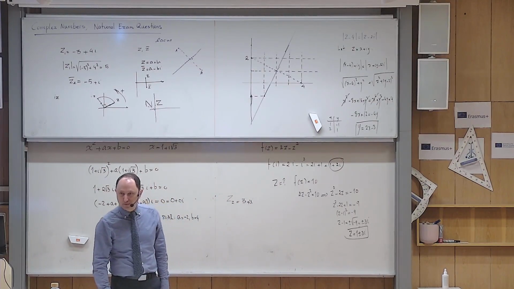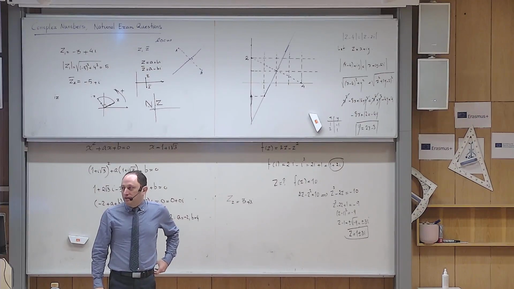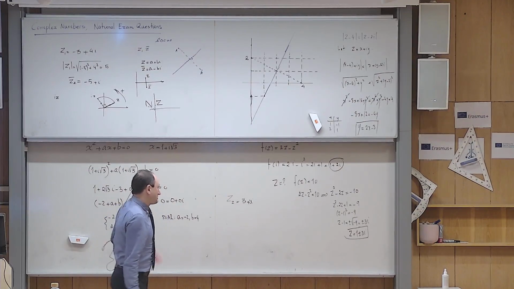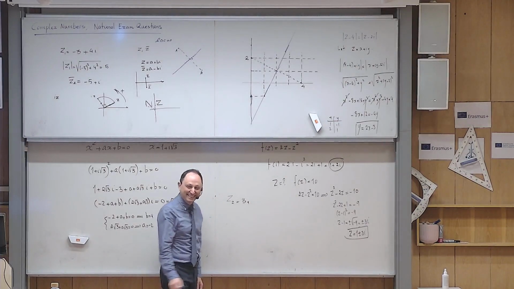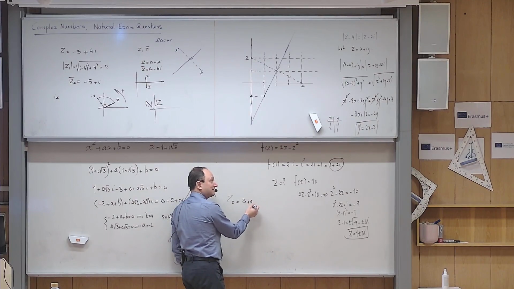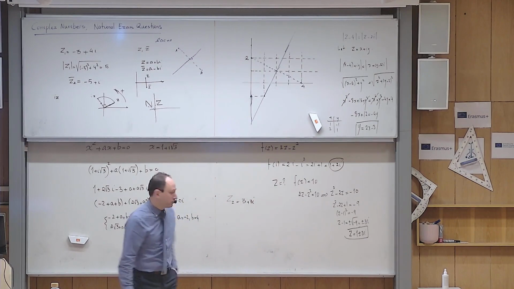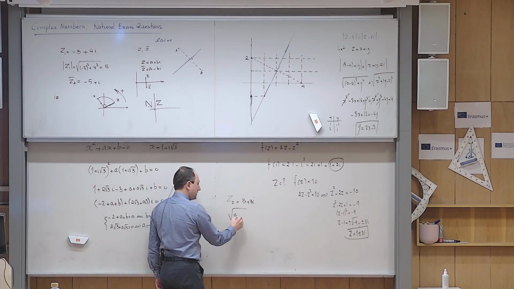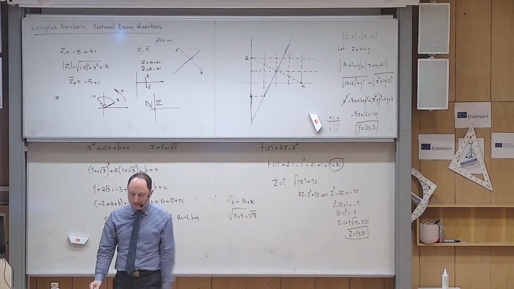If I put 2 there, it doesn't work either. It becomes 9 plus 4. So let us write 3 plus 3i. It becomes the square root of 9 plus 9, square root of 18. Of course, this is greater than 4. Yes, this is one example.